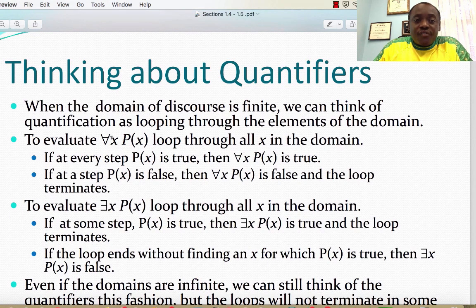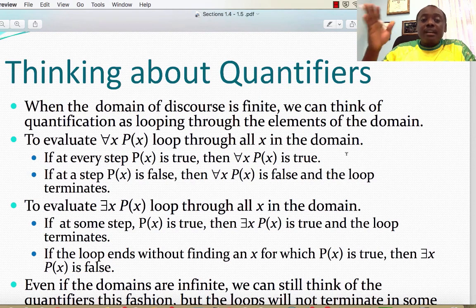In that case, to evaluate for every x, p of x, you simply loop through all x in the domain. Every student in Math 160 for 2018 is smart. To prove that, I simply go through every student in my class, and if they are all smart, then for every x, p of x is true.